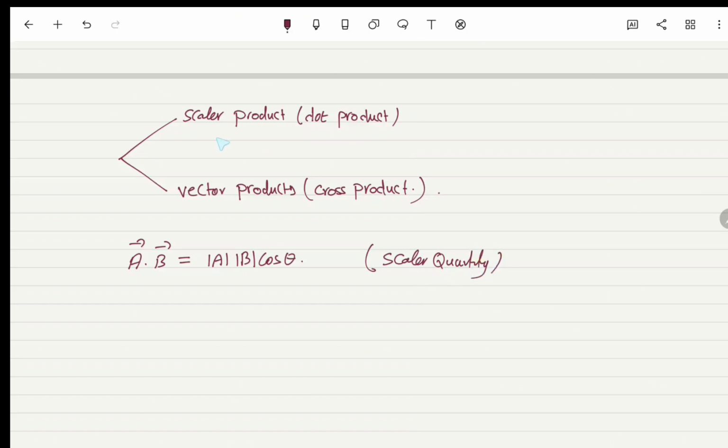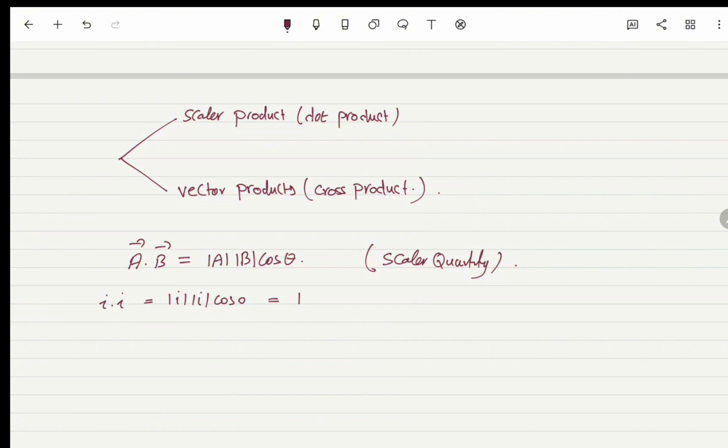The name scalar product comes from this definition: the dot product of two vectors gives a scalar quantity. Based on this, when you dot product i dot i, it's equal to the magnitude of i, the magnitude of i, cosine theta, where theta is the angle between i and i, which in this case is 0.